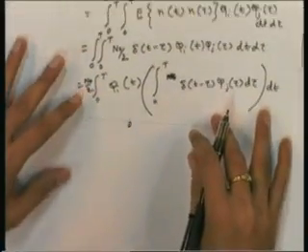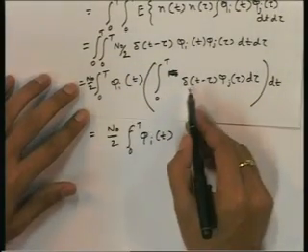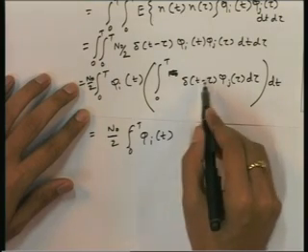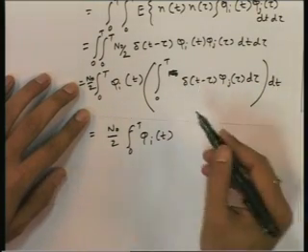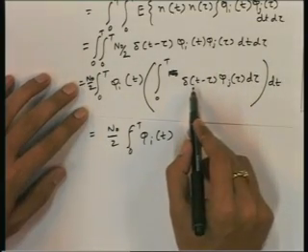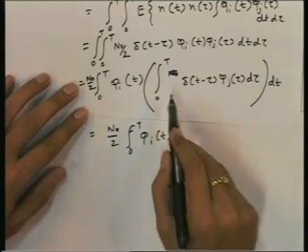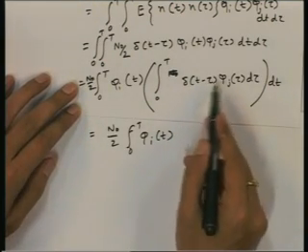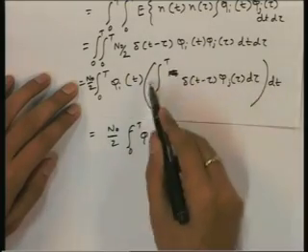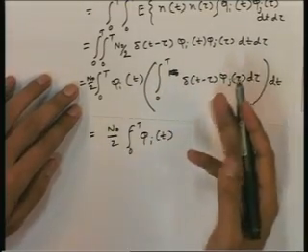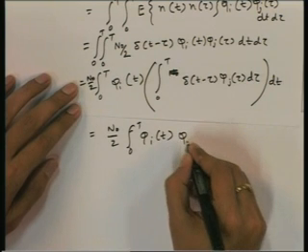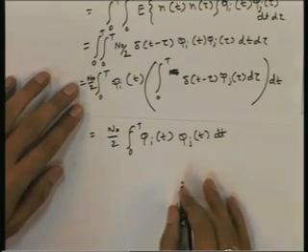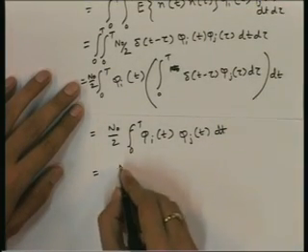What is this integration? This is a delta function flipped and shifted by t. The flipped version is the same: delta(t minus tau) is the same as delta(tau minus t). So, delta(tau minus t) times phi_j(tau) integrated is nothing but phi_j(t). That is in fact a part of the definition of the delta function. So this is phi_i(t) phi_j(t) dt, and this is equal to N_0 by 2.